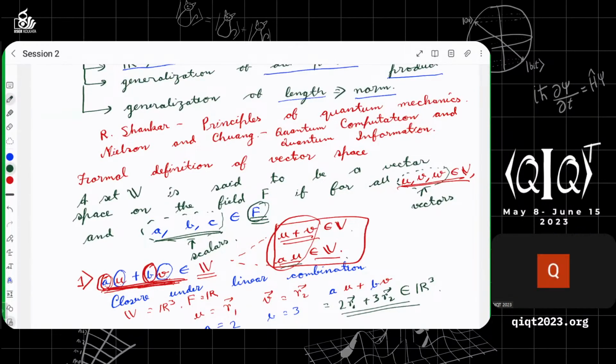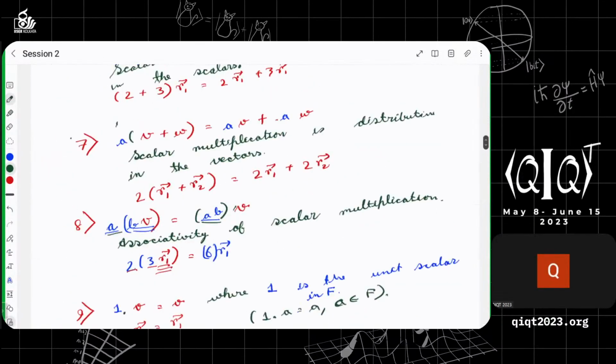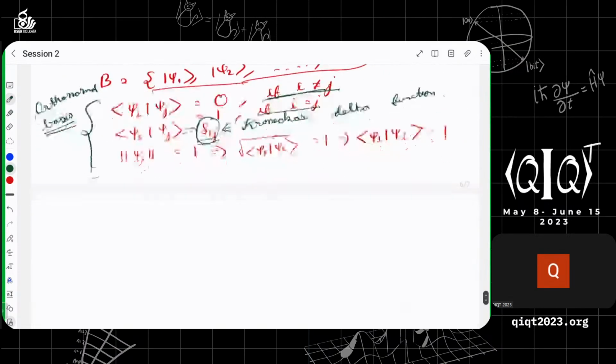Fields in real applications, for example, are the set of real numbers. That is a field. Or C, the set of complex numbers. That is a field. And remember what I said, a field is a set of scalars. Maybe I should have been a bit more clear with that.